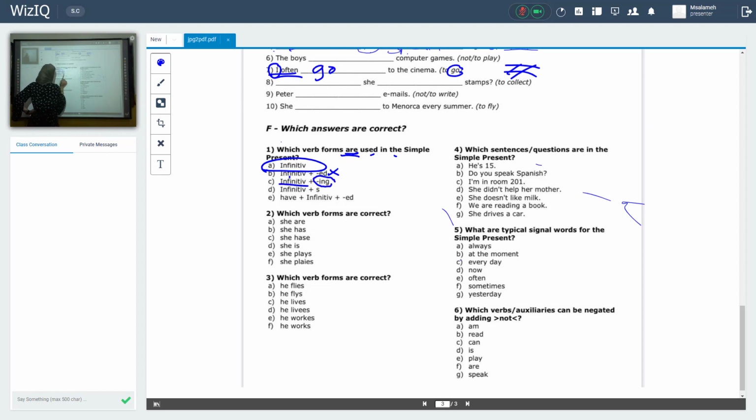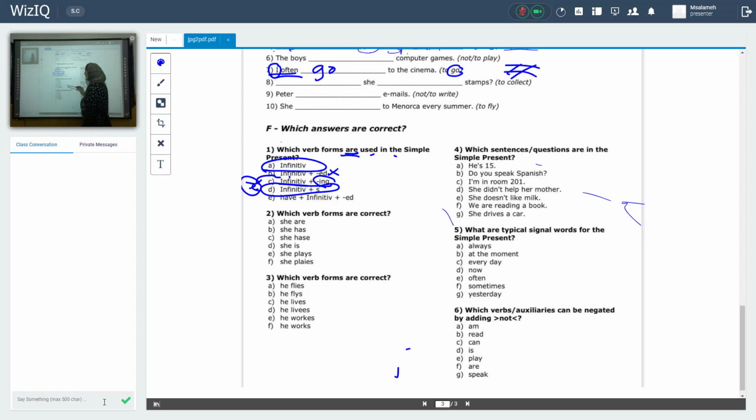Infinitive plus ing, no, it's wrong because if we have be verbs followed by a verb, so be verbs here as a helping verb, we will add verb infinitive plus ing. Verb infinitive plus s, yes, it's the right answer because if the subject is singular, we add what?